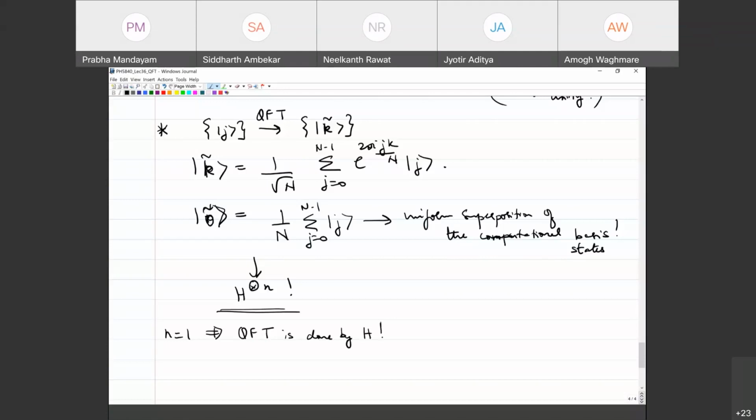Of course, in the 2 qubit case, it's going to be Hadamard followed by something else. In the 3 qubit case, it will be more complex and so on. That sequence is what we're going to build up next time. But just notice that in the single qubit case, the Hadamard gate itself does the Fourier transform, because there's only 0 tilde and 1 tilde.